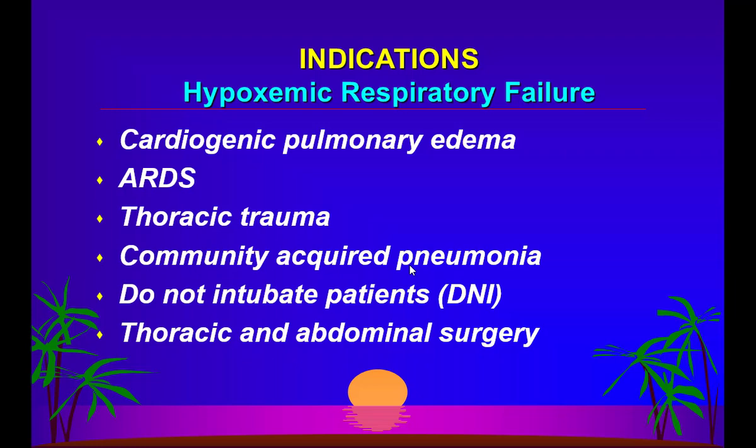In thoracic trauma, there is a definite indication, particularly for patients who are not very sick. You can use it, and you may find that these patients may not need invasive ventilation for a period of time. Community-acquired pneumonia, you can use it, but again with caution, only in the ICU setting. And of course, in do-not-intubate patients, the terminally ill, it can be used as palliative care.